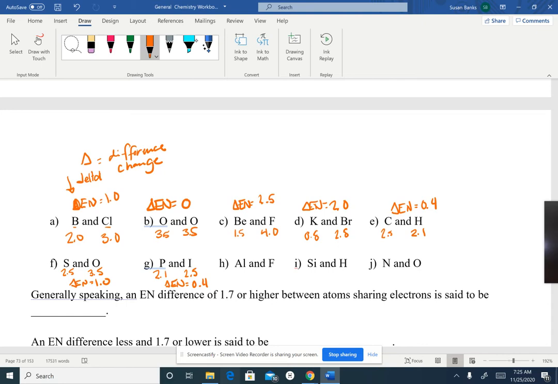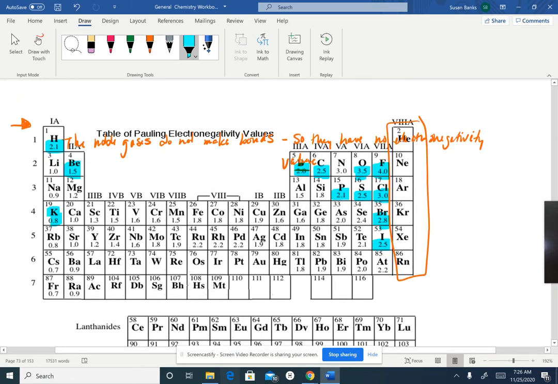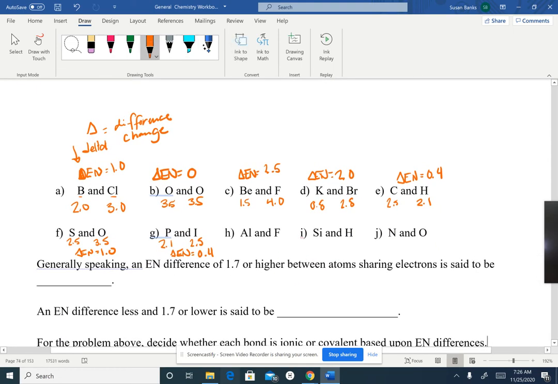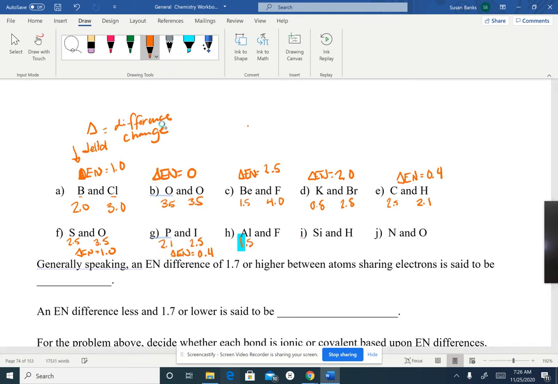Let's see, aluminum and fluorine. I think we've already looked up fluorine, so let's look up aluminum. Aluminum, we have 1.5 and fluorine is 4.0. The difference here is 2.5. Okay, silicon and hydrogen. We already looked up hydrogen. Hydrogen's 2.1. Let's look up silicon.